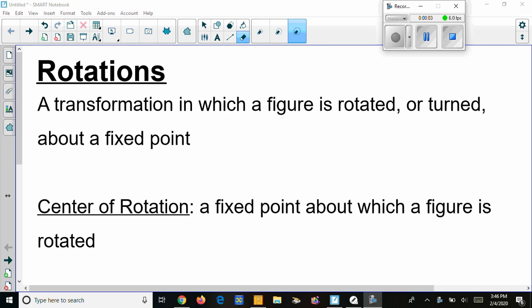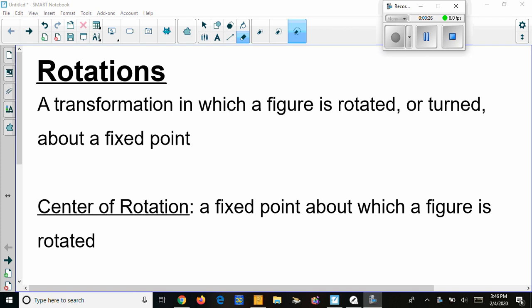Rotations. Rotations are a transformation in which a figure is rotated or turned about a fixed point. Today's video is going to focus in specifically on what if that point is not the origin of the graph.